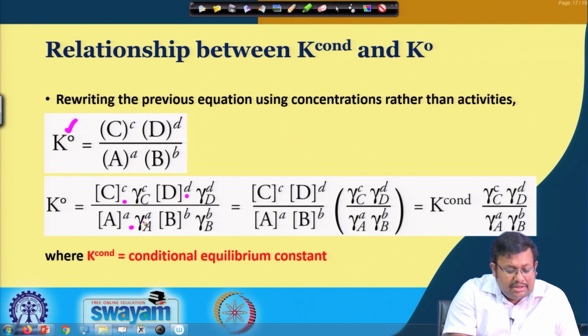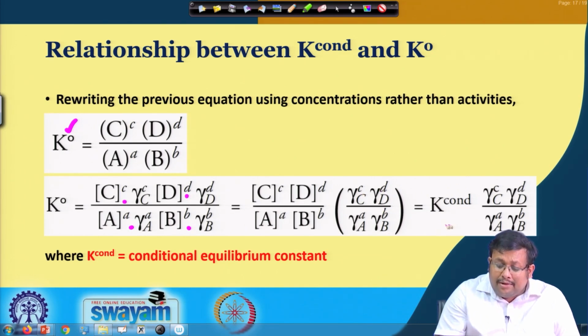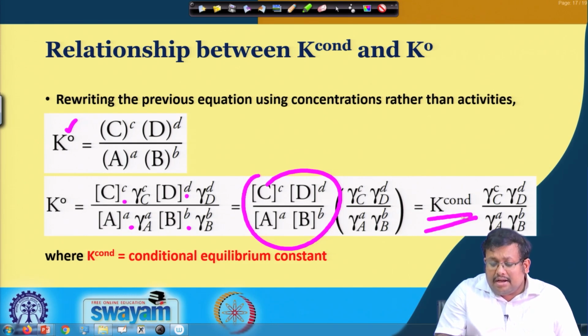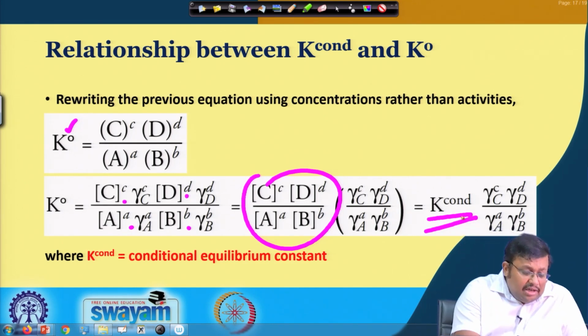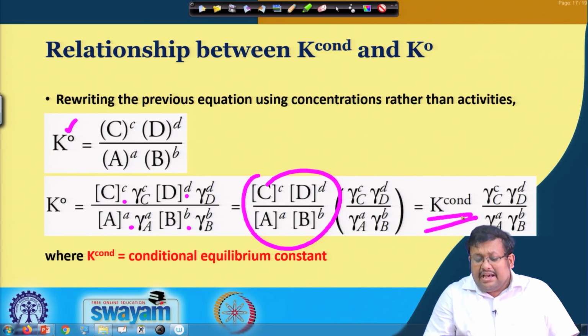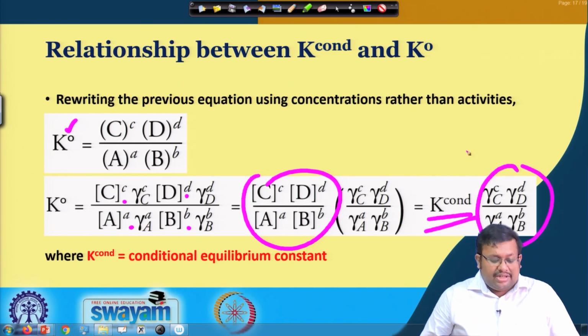From there we can simplify, and we know that this term equals the conditional stability constant. So, K0 is the conditional stability constant multiplied by this fraction.